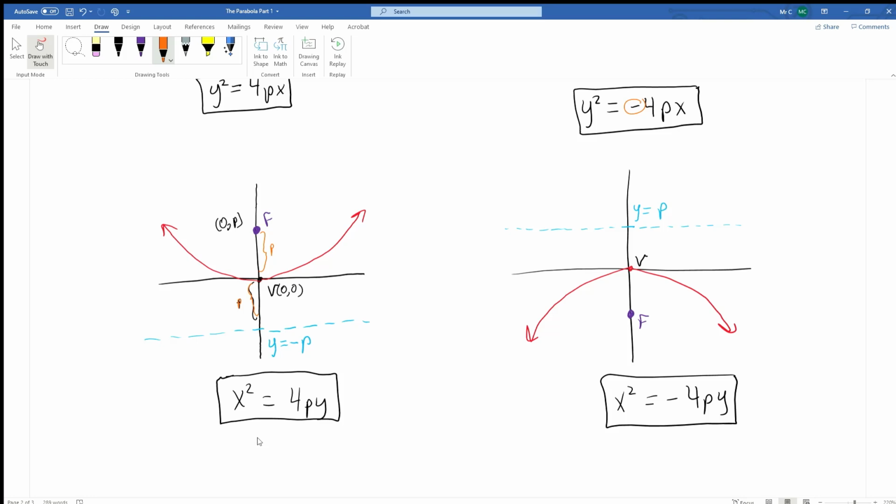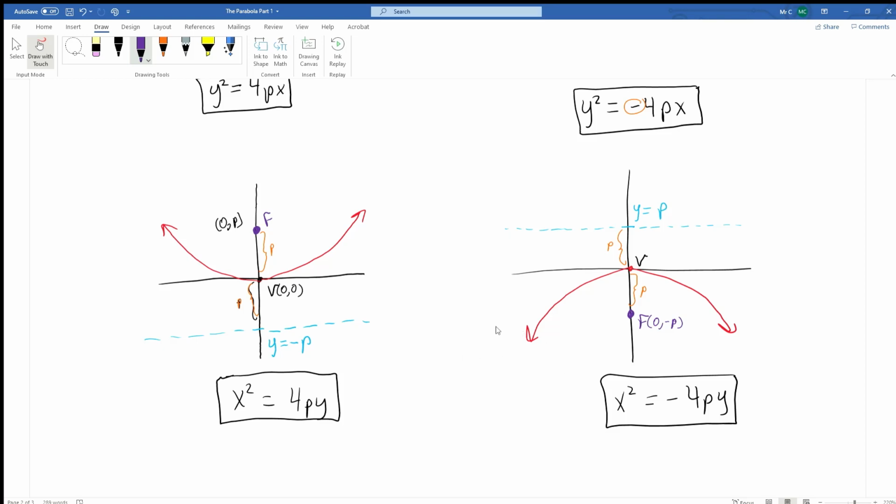Now, if we change this around slightly, and we have a parabola facing down, my distance is still p in either direction, from the vertex to the focus and from the vertex to the directrix. But since we're facing down, the focus will be at 0, negative p, and the directrix this time is at y equals p. And the equation for this is x squared equals negative 4py.